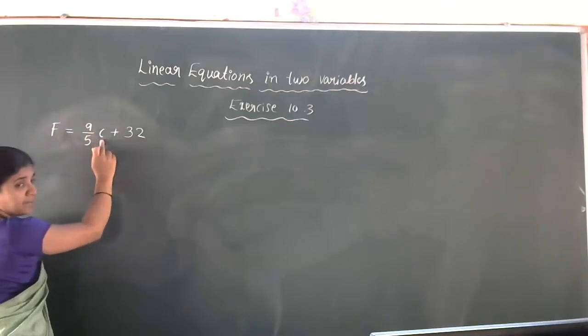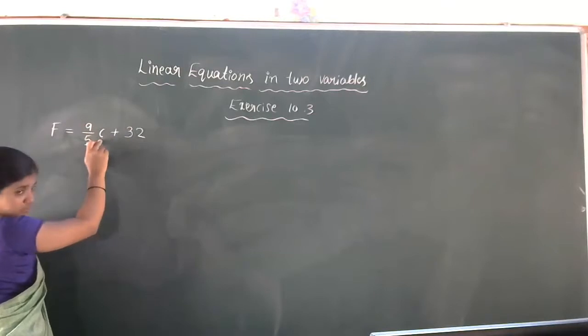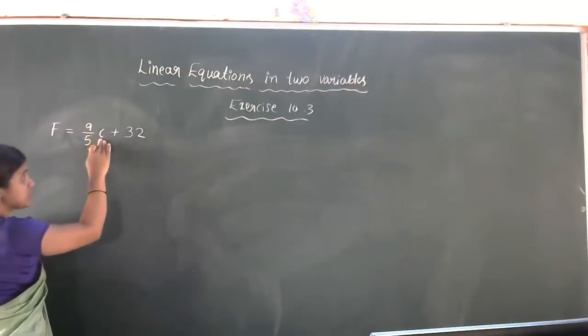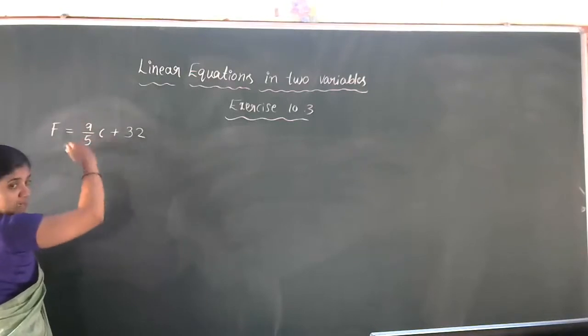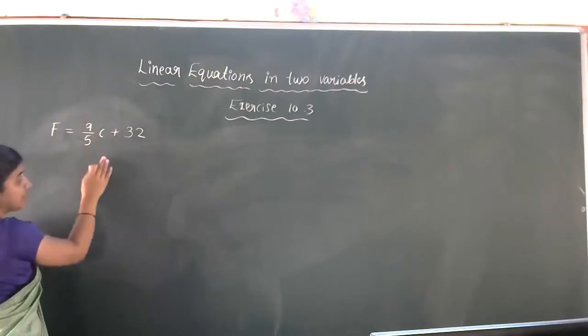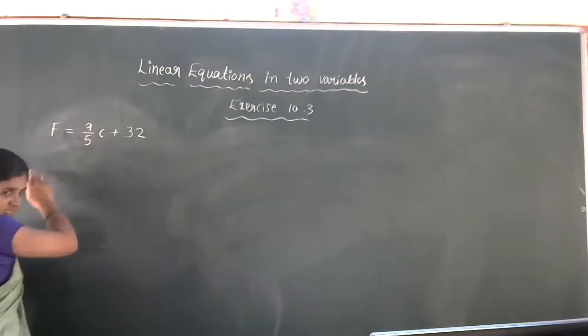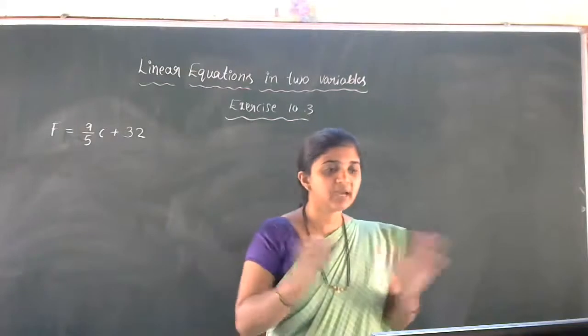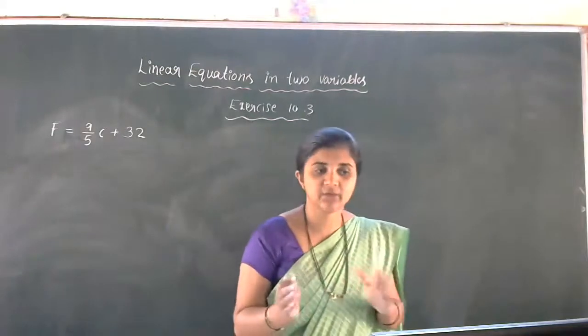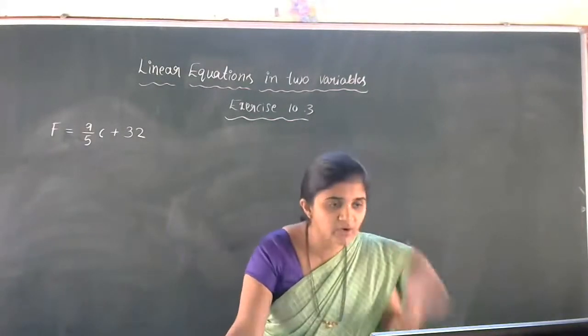For example, today's temperature, we have to substitute here, 22 degree, 23 degree, like that. So if we substitute C in 9/5 into C, then you will get the temperature on the Fahrenheit scale. Fahrenheit scale and Celsius scale are both different scales.